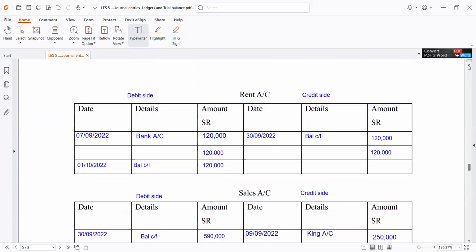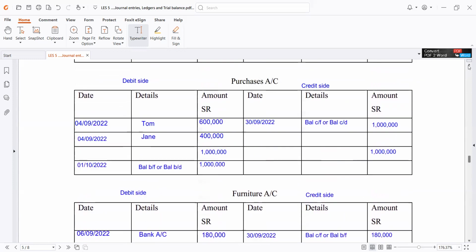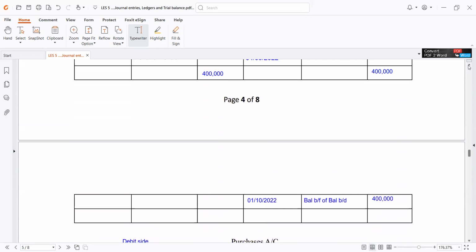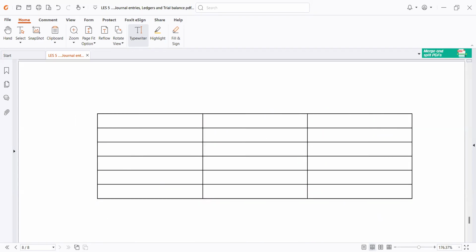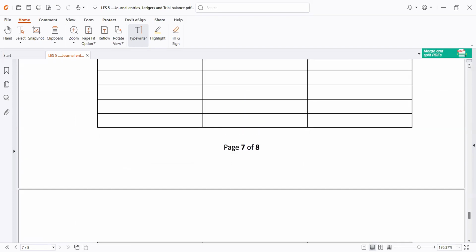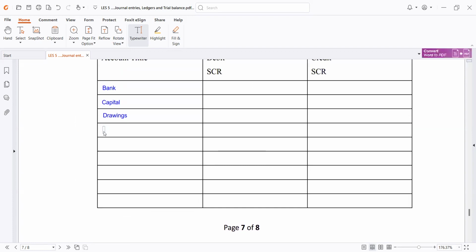So the reason why I'm not including Tom account, this is Tom account, there is no balance carried forward and balance brought forward. That's why we are not including Tom account. So we can proceed to our trial balance.